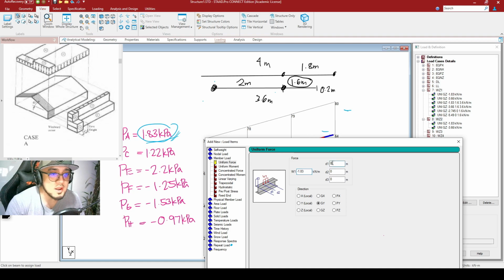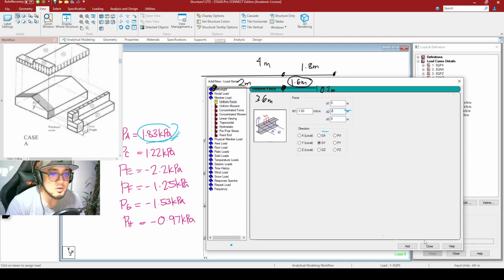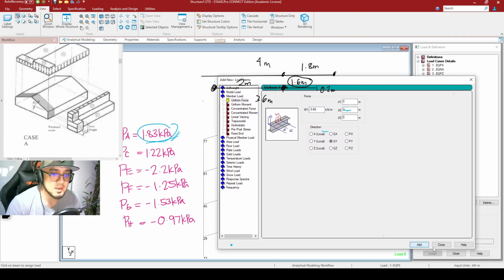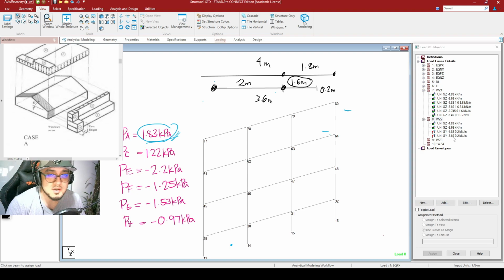But this time, our D1 is 0, since this is your starting point, and your D2 is 2 meters. So from 0 up until 2 meters, I would be pressing add. The same is true with our negative 3.66. Then press add once again. I would just be applying them. So this is for your negative 1.83.